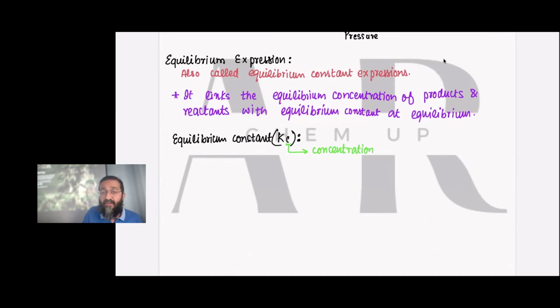It means the values of the concentrations we are using are the concentrations at equilibrium. Is this clear to all of you?